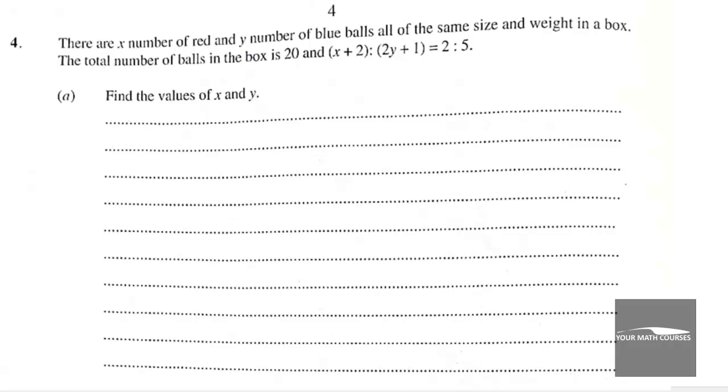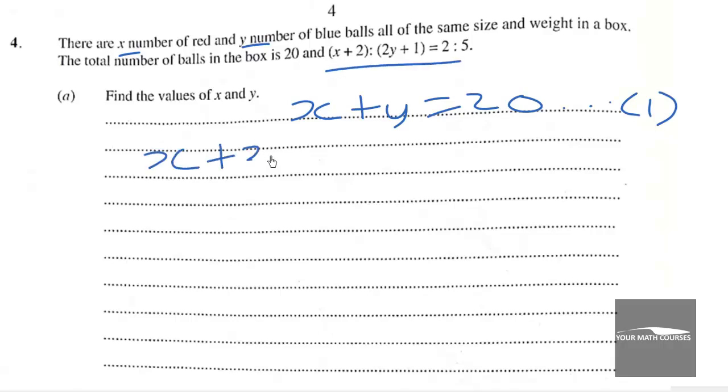So since the total number of balls in the box is 20, we have x plus y equal 20. That is our first equation, and we have a ratio here, x plus 2 over 2y plus 1 is equal to 2 over 5. So let's cross multiply here.